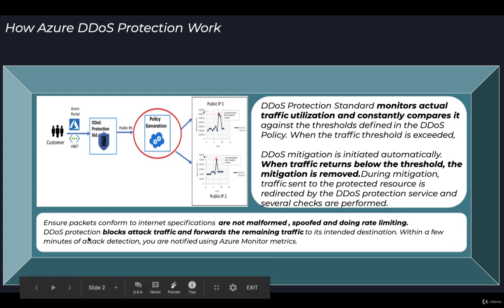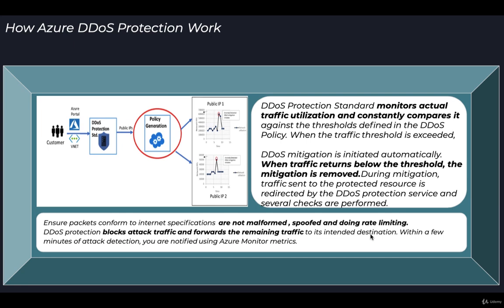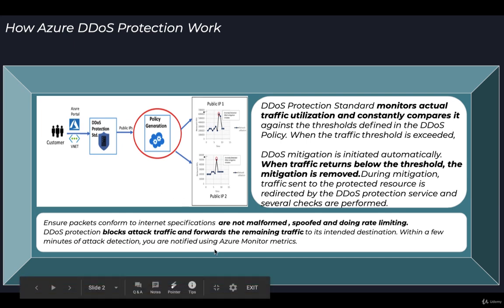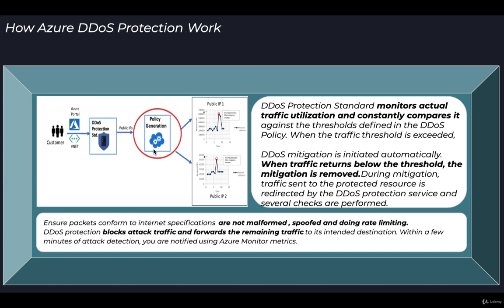Like we discussed, DDoS protection blocks attack traffic and forwards the remaining traffic to its intended destination, like your virtual machine or application. Within a few minutes of detection, you are notified using Azure Monitor metrics, and Azure Monitor keeps that DDoS protection data for 30 days, so you can correlate or learn from it for future reference.